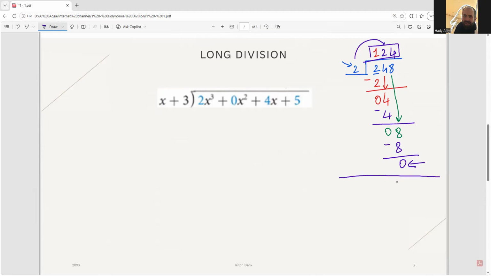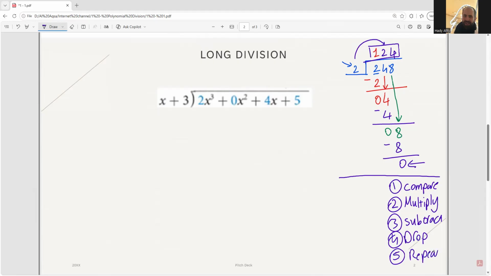So generally, the first thing you need to do in these questions is compare the two numbers with each other. The next step, you multiply. The third step is subtraction. Then you drop the next number that you have, and repeat the whole process until there is no remainder, or the remainder is smaller than the divisor.